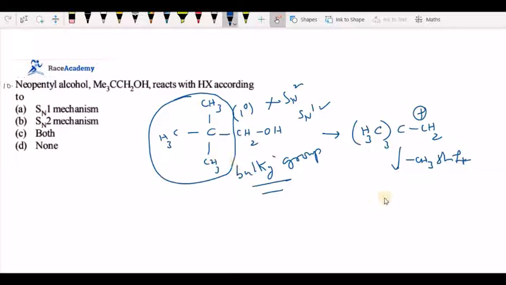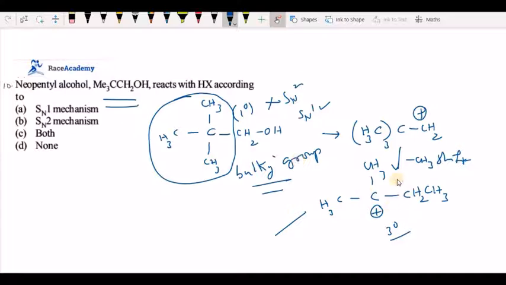So a methyl shift happened means a stable carbocation will be formed here: CH2, CH3, CH3. This is a tertiary carbocation also formed from this neopentyl alcohol. So the right answer is that immediately it will react with HX as per the SN1 mechanism. So A is the right option for this question.